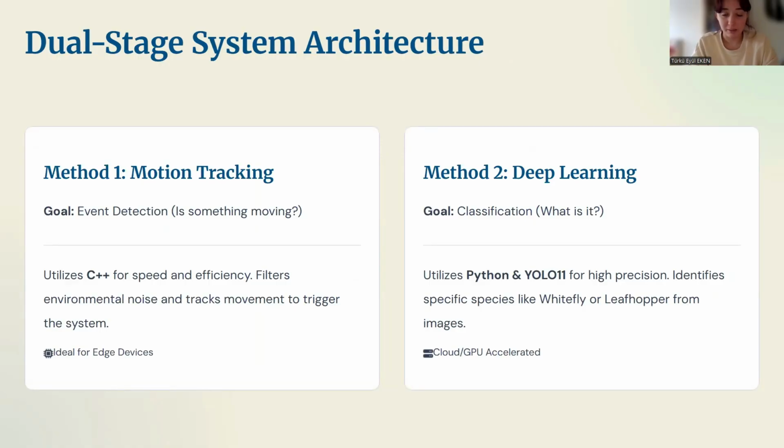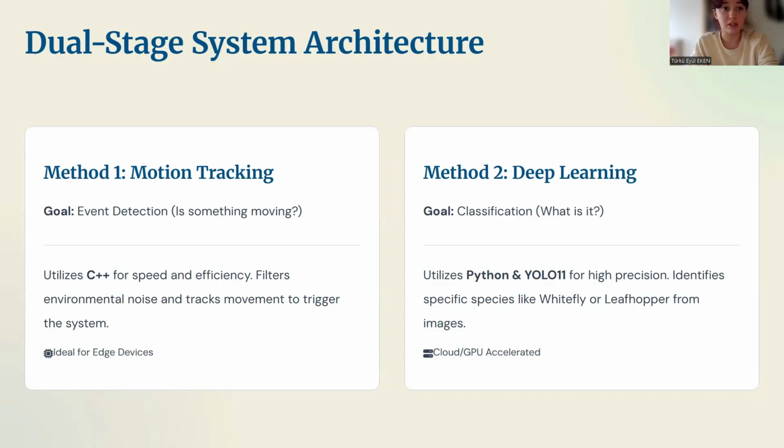And my brain is method two, which is the deep learning model using YOLO 11 for pest classification. I separated this year into two parts, phase one and phase two. This semester, I will explain phase one, which focuses on building and validating these two organs of the system independently.